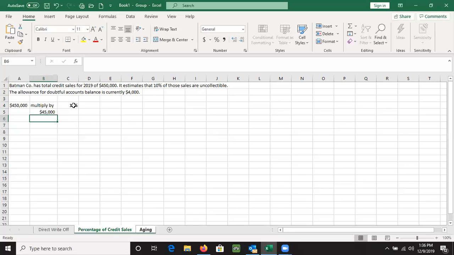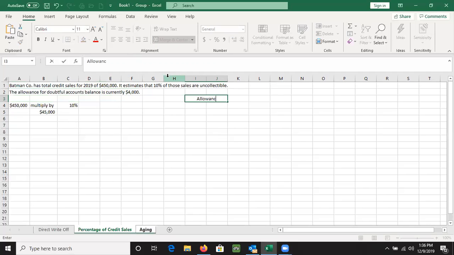Under the percentage of credit sales method, we do not care what the balance is in allowance for doubtful accounts. Do not care about the balance. Okay, I will make a T account for it because I think they're helpful, even if it's overkill for you at this point.